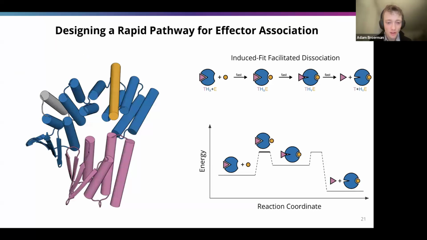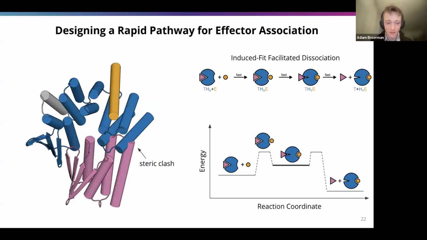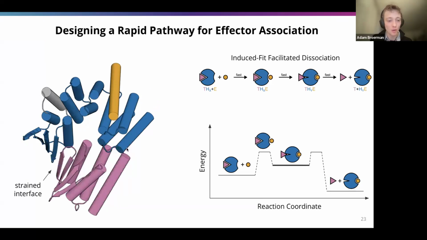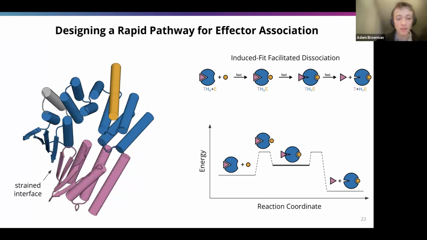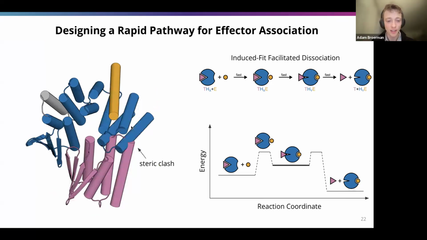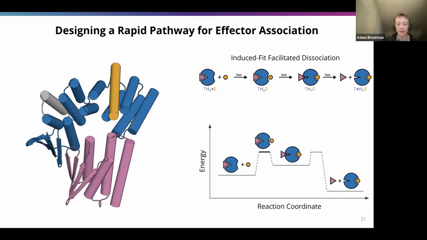So here, I think I'm really limited by the size of the conformational change that I get. The total amount of strain that I can get is maybe this much in the system, just because I'm limited by the overall size of the conformational change that's induced by the effector.